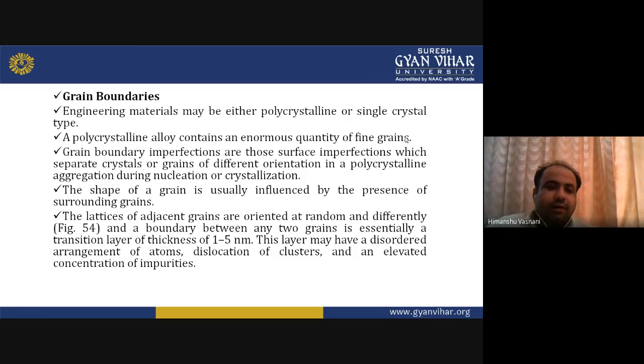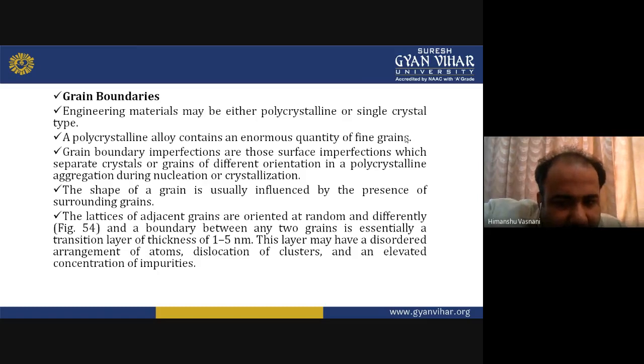I repeat, the lattices of adjacent grains are oriented randomly and differently, and a grain boundary between any two grains is essentially a transition layer of thickness 1 to 5 nanometer.